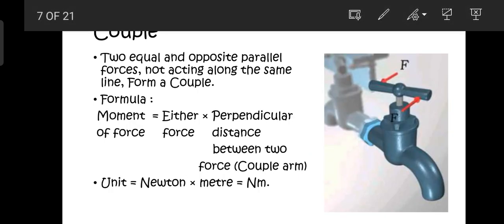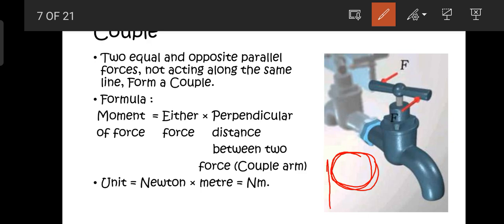Now couple. What is a couple? Two equal and opposite parallel forces not acting along the same line form a couple. Example: how we open a bottle. This is the cap of the bottle.